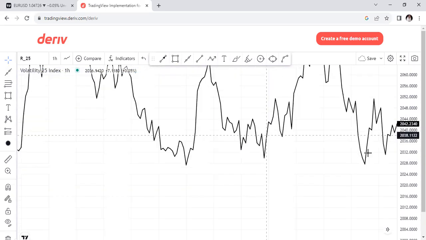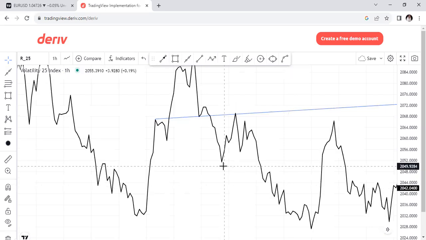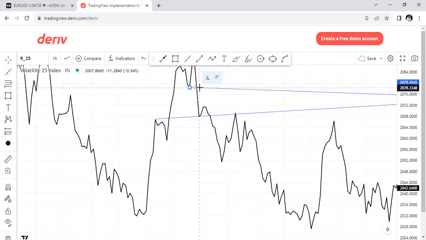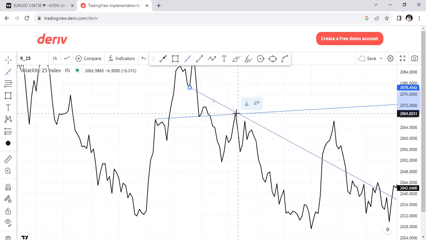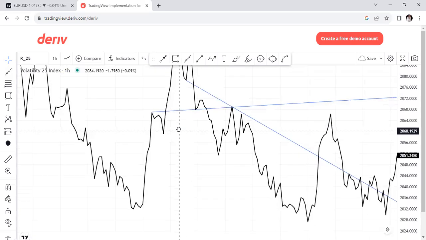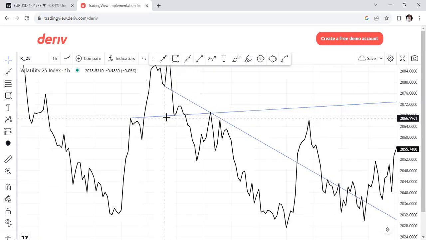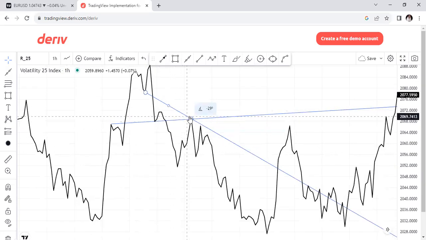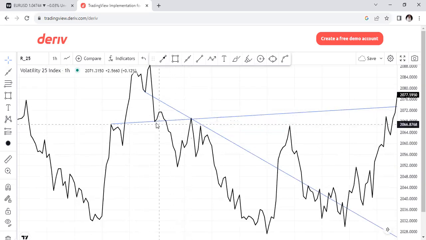So we have a good pattern. Good ones. Can you see that? We have this connecting to these 3 points.